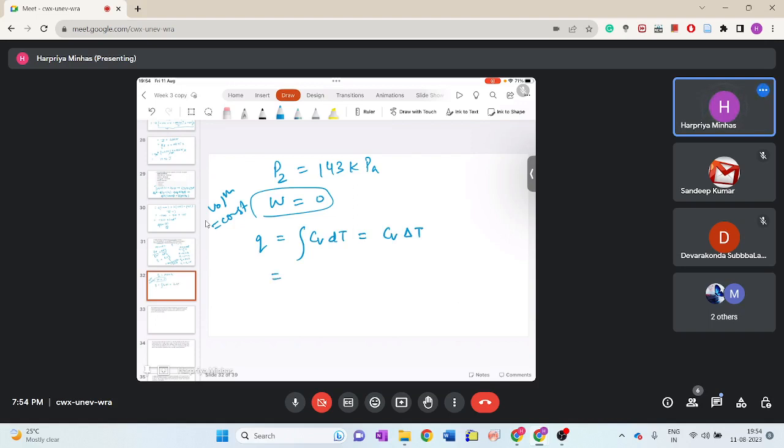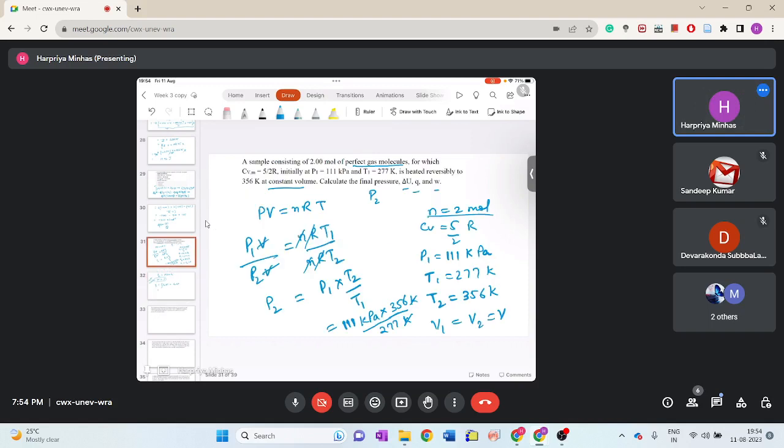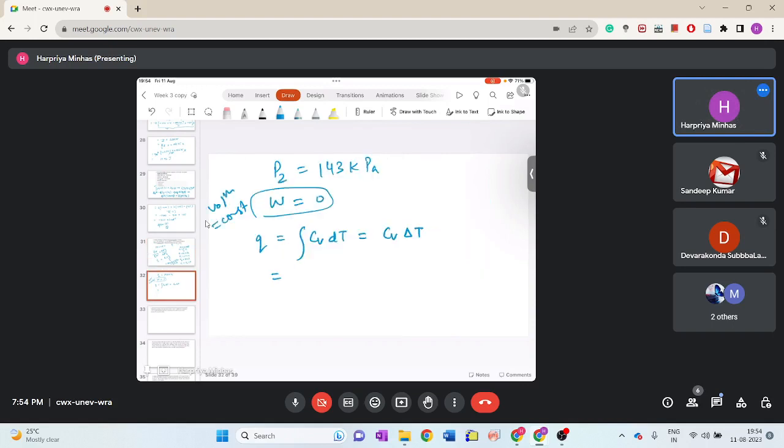So what is the CV? CV is 5 by 2 R, right? What will be the R? 8.314 joule per Kelvin per mole.